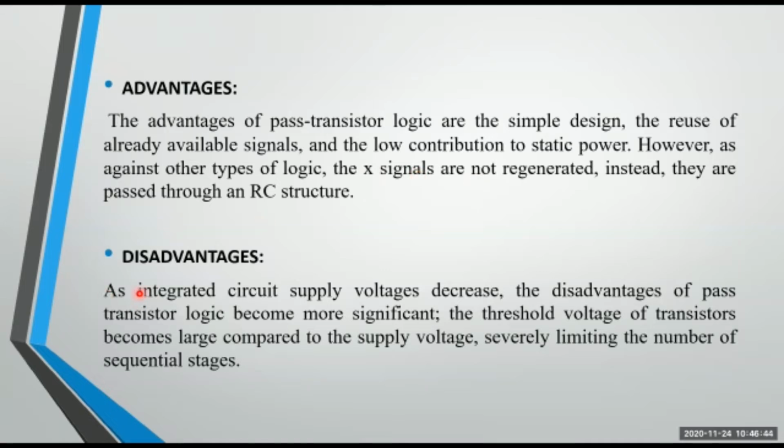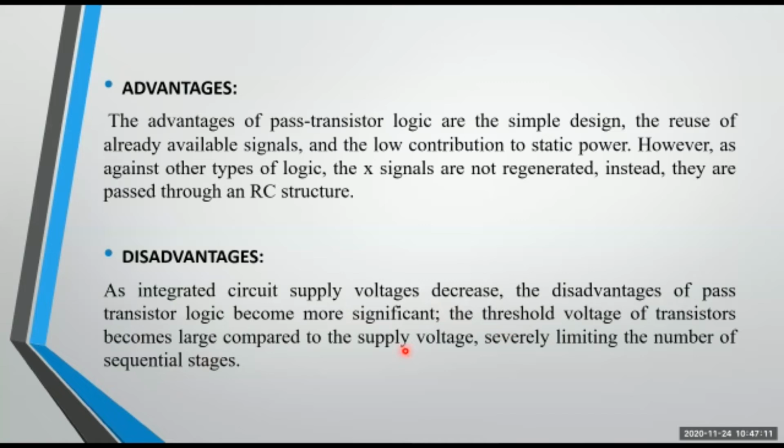The other part of the pass transistor is the disadvantages. As the integrated circuit supply voltage decreases, the disadvantages of the pass transistor become more significant. What is the disadvantage? The threshold voltage of the pass transistor becomes large compared to the supply voltage, which severely limits the number of sequential stages.